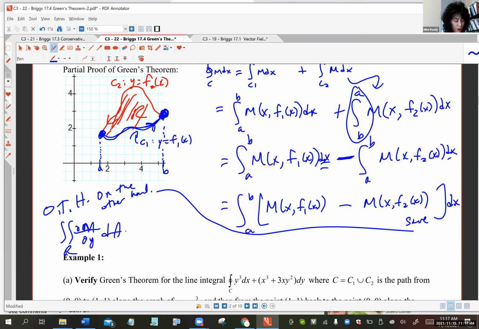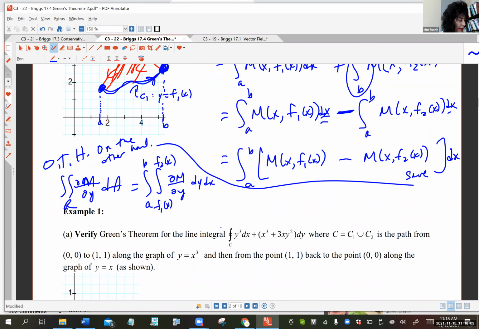Okay. If you were trying to iterate this integral, the region tells us that x is going to go from a to b, y is going from a lower limit of f1 of x to an upper limit of f2 of x, and then dM/dy stays the same, and then we have dy dx. Okay, fine. Well, we're going to integrate.